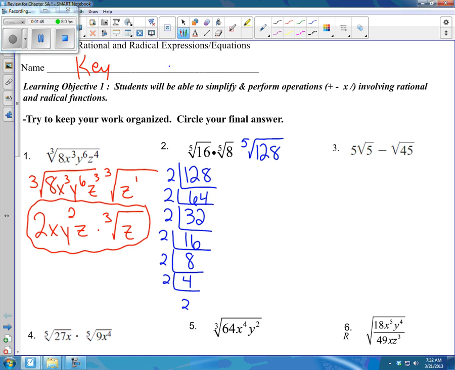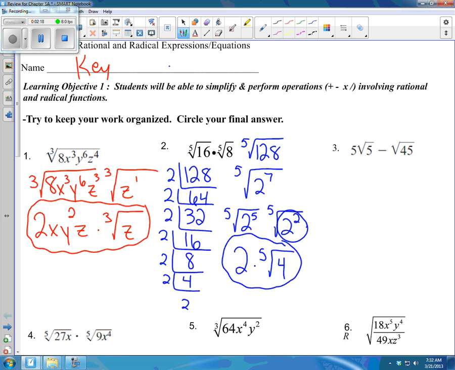So I'm going to rewrite this fifth root of 128 as the fifth root of 2 to the 7th, and break it into the perfect and the not perfect. Of my 7 2's, 5 of them will be perfect, 2 of them won't. The fifth root of 2 to the 5th is just 2, and then that 2 squared that I'm circling right now is worth 4, so I'm going to turn that back into 4.